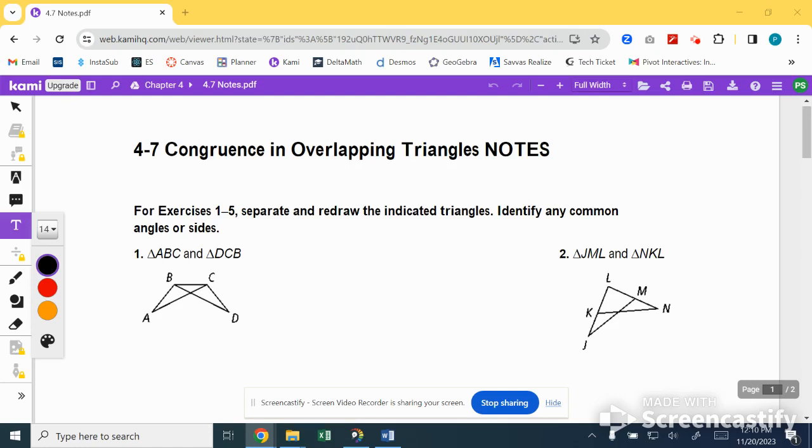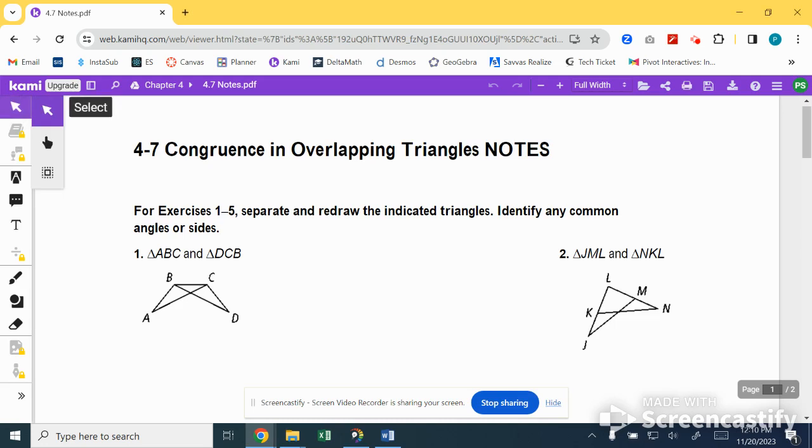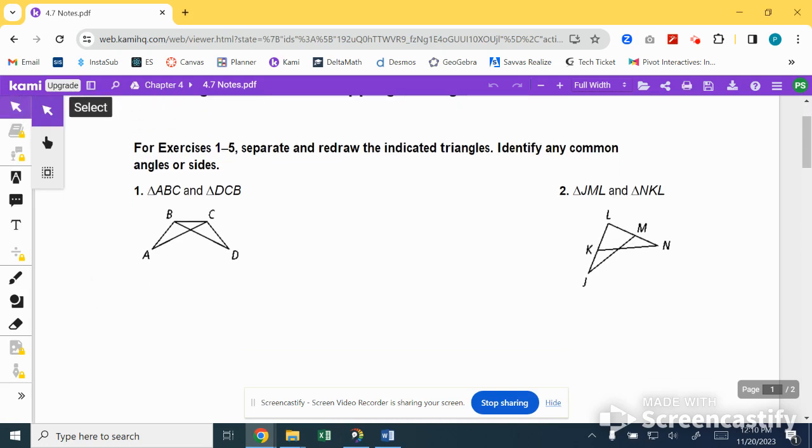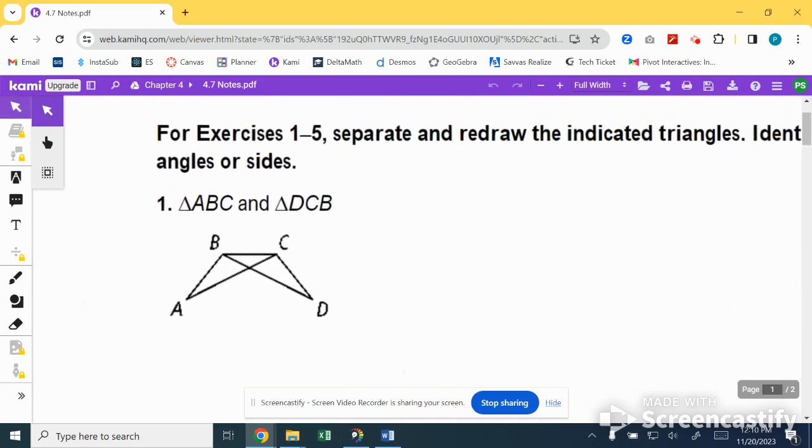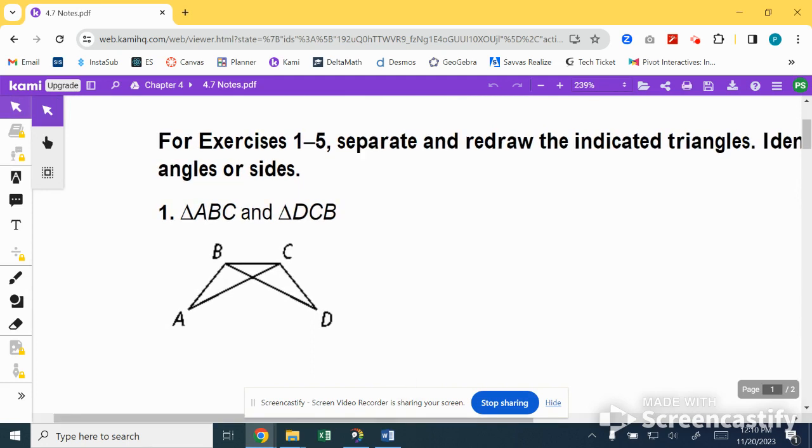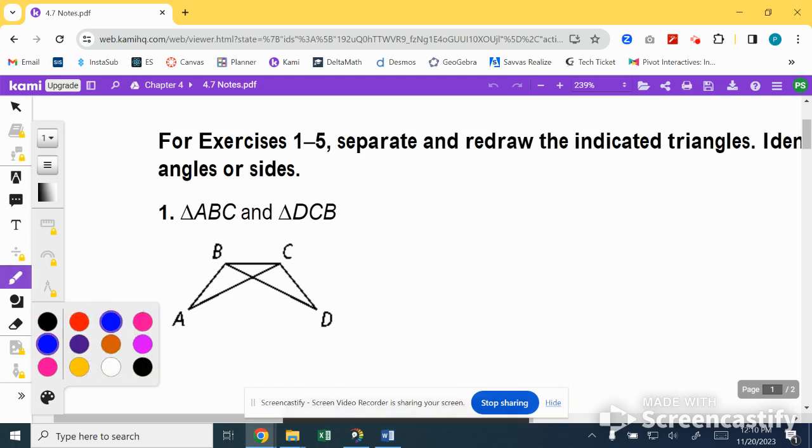So we are going to be looking at triangle congruence today, but the difference is our triangles are going to be overlapping. So take a look at this first one. You've got triangle ABC, which is right here, ABC.